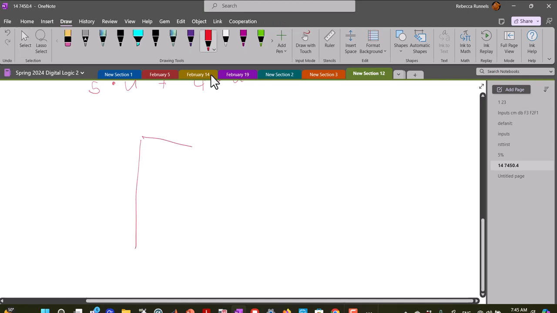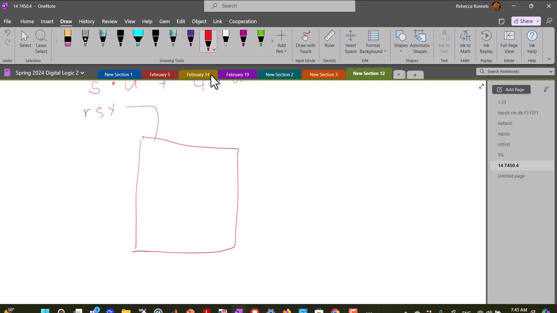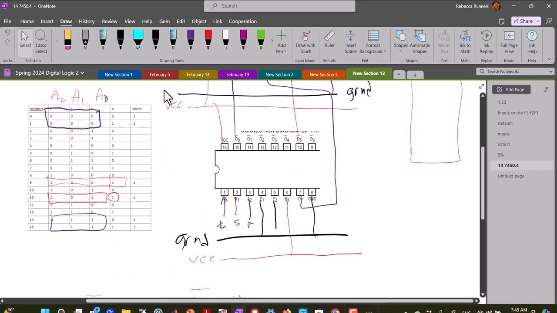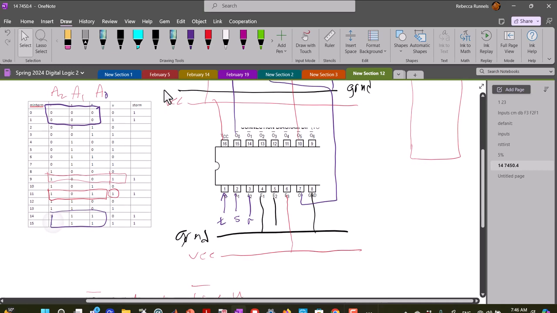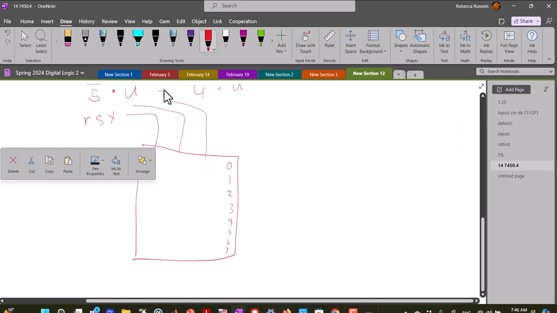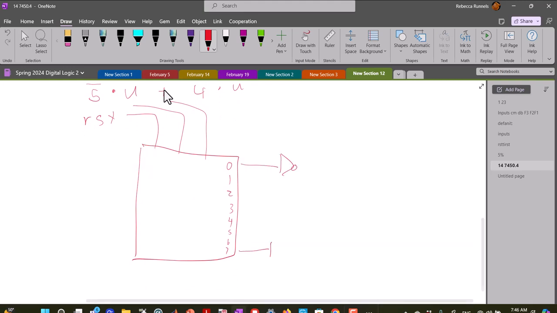I've got the decoder. I have R, S, and T coming in. It has outputs 0 through 7. I know that no matter what U is, for 0 or 7, I'll get an output of low. So I take the nots of those.